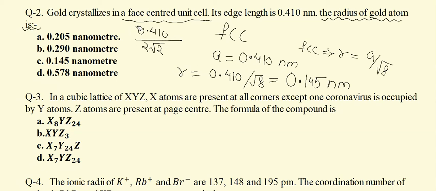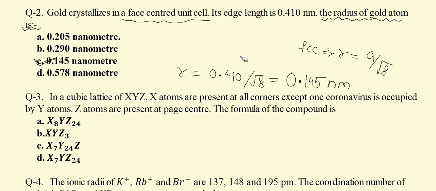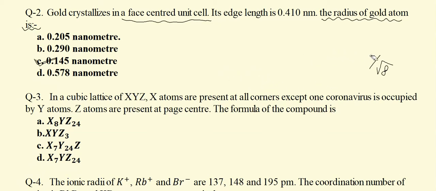The answer will be option number C. Okay, next let's move further. You have seen in this question also that the question is related to the topic described in your comprehension, but it does not have a direct relationship with the comprehension.